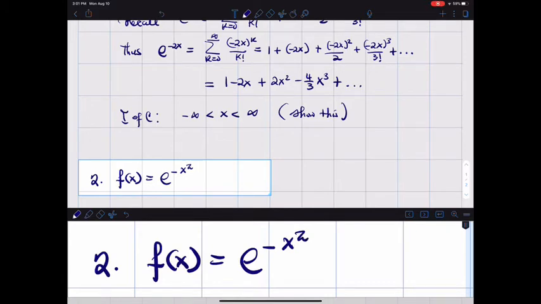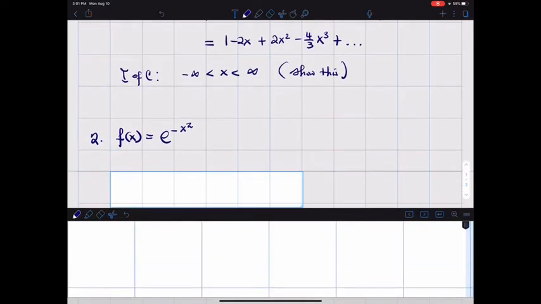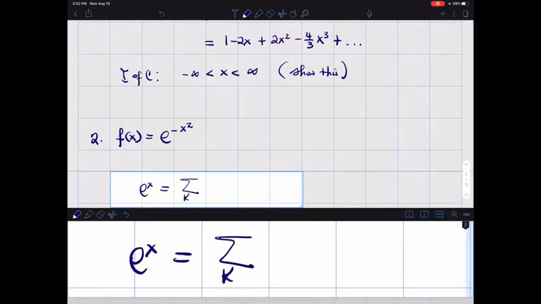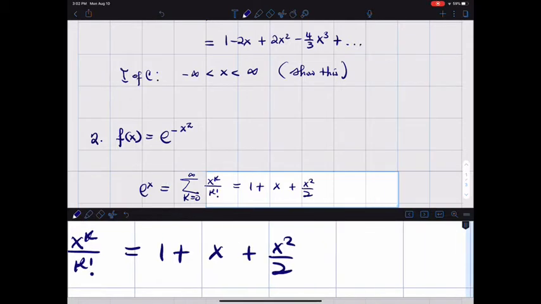We're just going to be replacing x with negative x squared in the Maclaurin series for e^x. Again, recall that the Maclaurin series for e^x is the sum from k equals 0 to infinity of x^k over k factorial, which is 1 plus x plus x squared over 2 factorial plus x cubed over 3 factorial, etc.